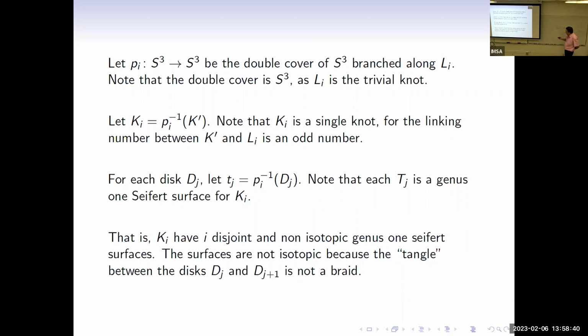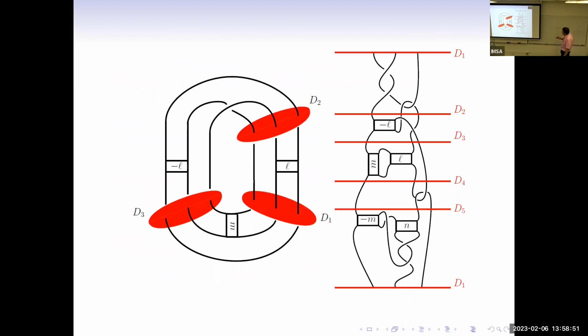And the surfaces are non-isotopic because the angle between them is not trivial.